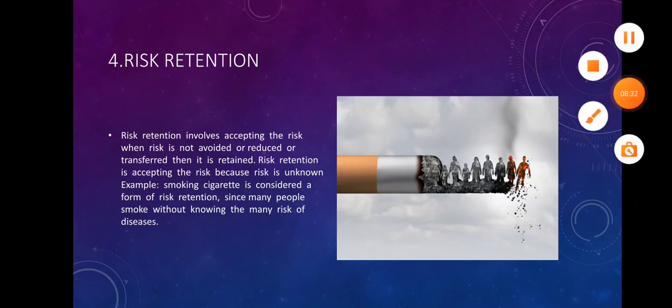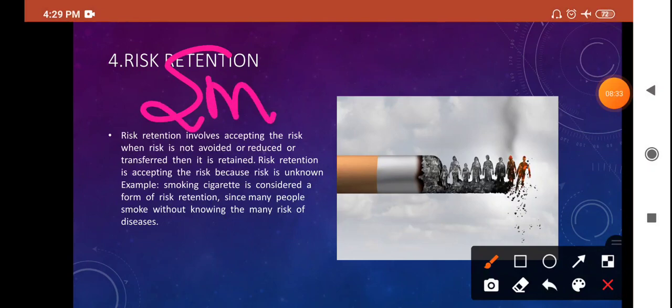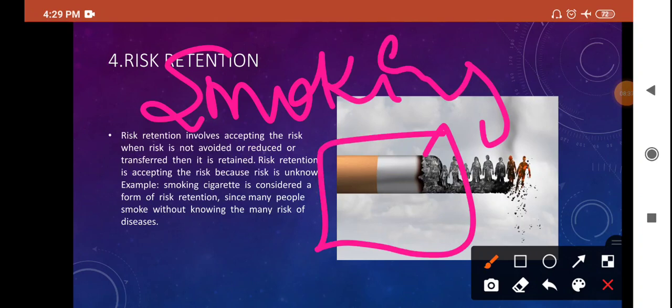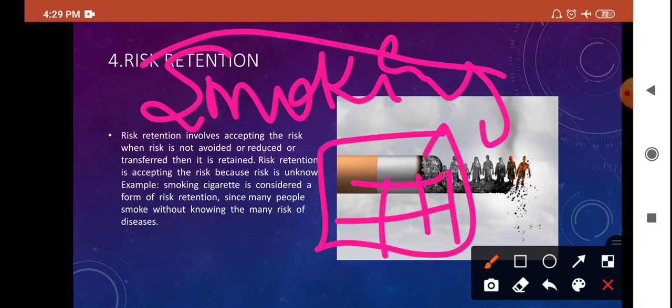We have all seen this, written on the front of the packet. But even after reading this, even though they know it is dangerous to their health, the smokers will do it. They are accepting whatever is going to happen to their health and body. That is called risk retention.